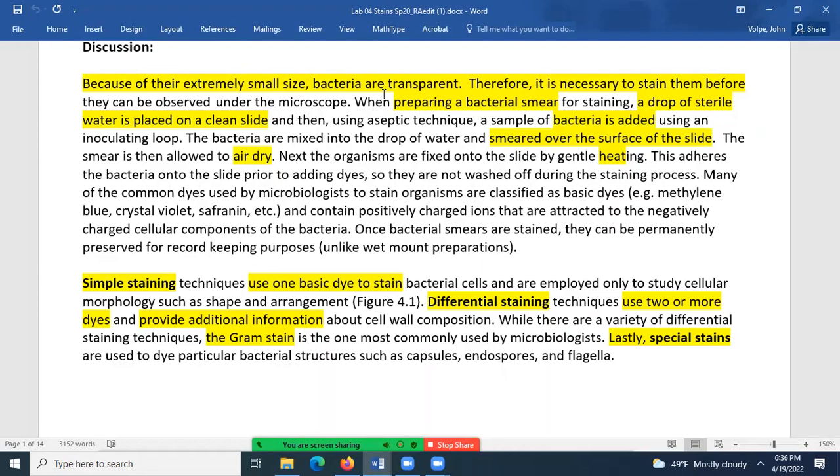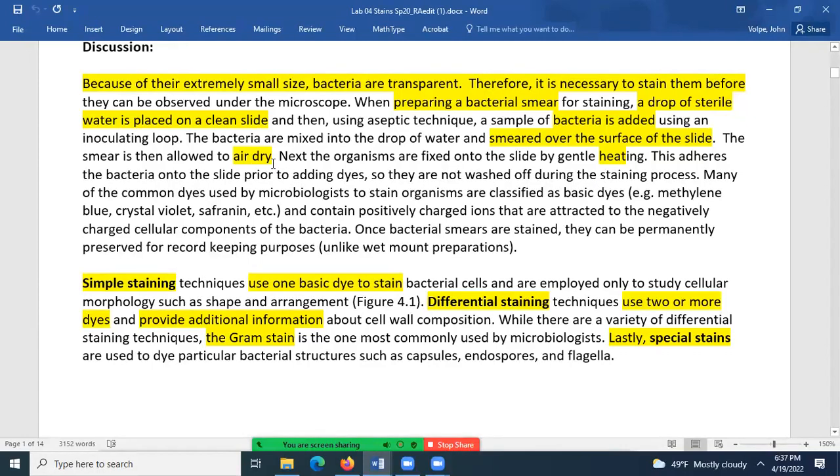Preparing a bacteria smear is just adding a drop of sterile water on a clean slide, adding the bacteria to the drop, and you only add a little bit, by the way. And then you smear that drop all over the surface of the slide. So spread it around. You then allow the slide to air dry, and then you heat fix.